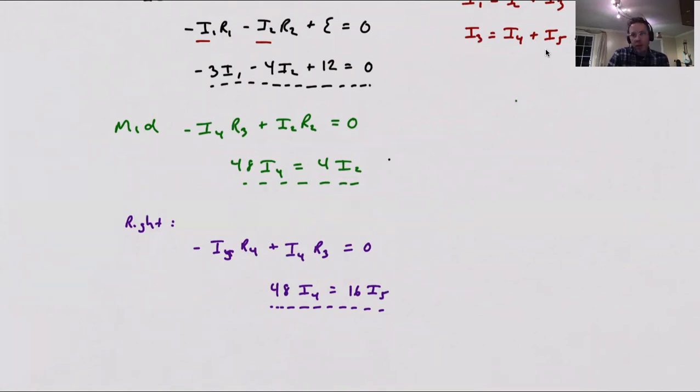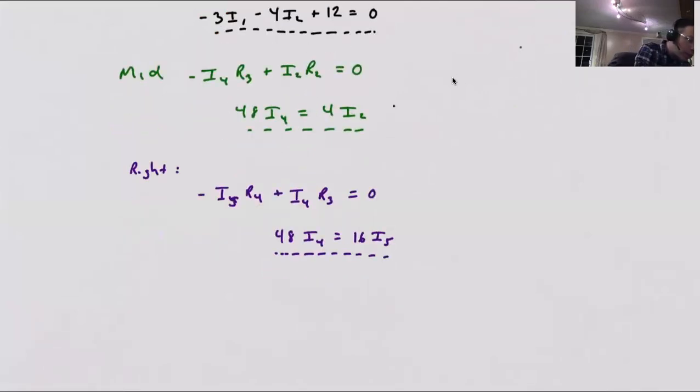But let's pause for a moment. How many equations do we actually have right now? We technically have 5. And how many unknowns do we have? 5 unknowns. So we could choose to pause here, but while we're at it, let's do the overall outer loop, and I'm going to do that in a slightly different orangey color.